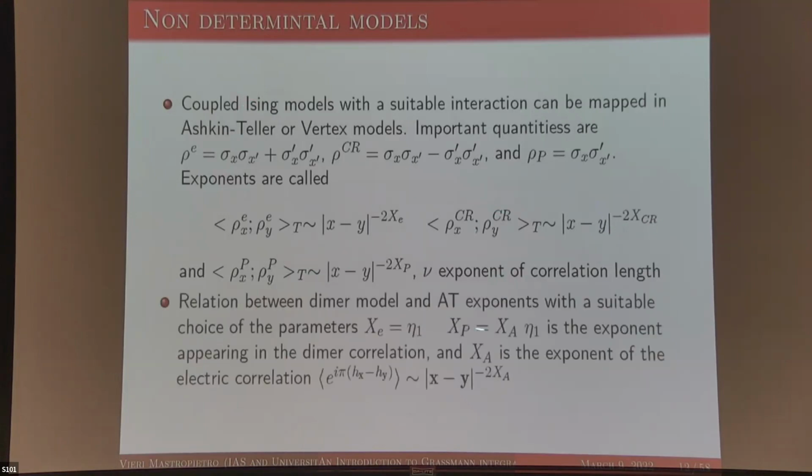There are also complicated relations between all these exponents I don't want to enter. For instance, the dimer and the Ashkin-Teller are related. So the energy correlation of the Ashkin-Teller is the same as the exponent of the dimer. The polarization exponent is equal to the exponent of the electric correlation in dimers.